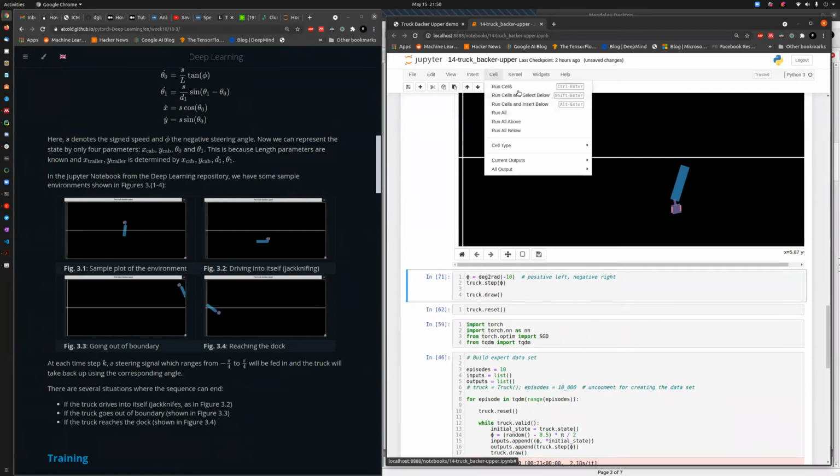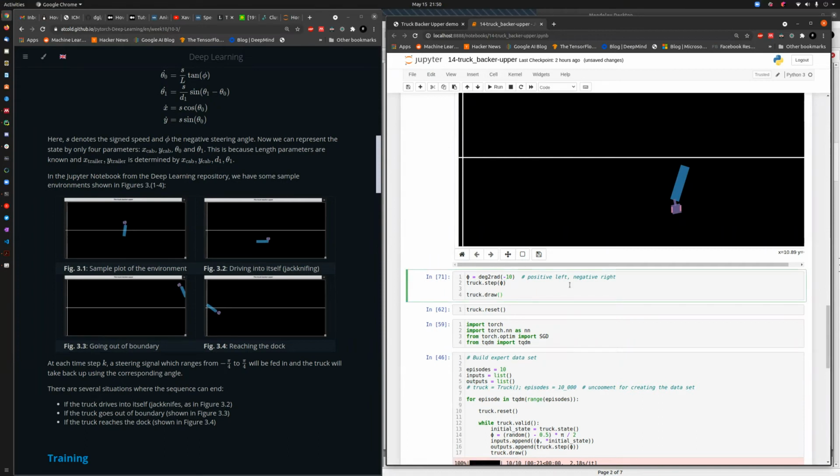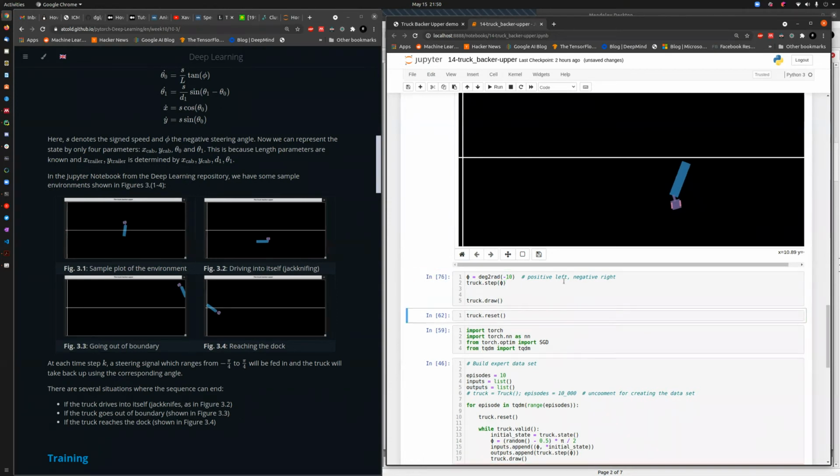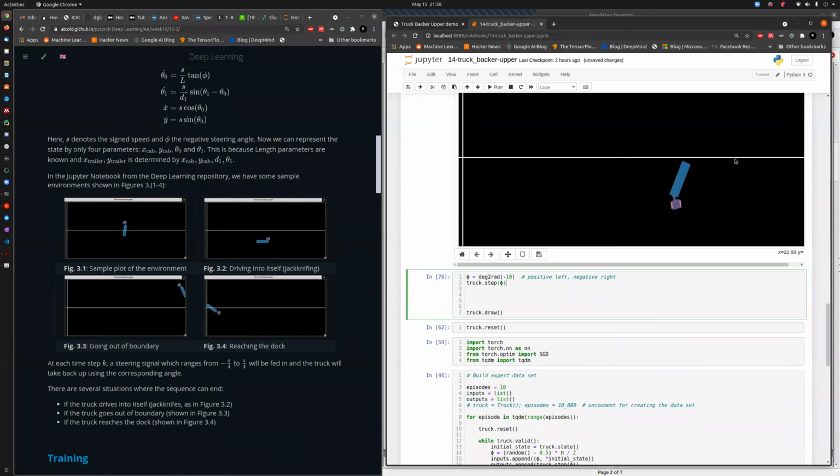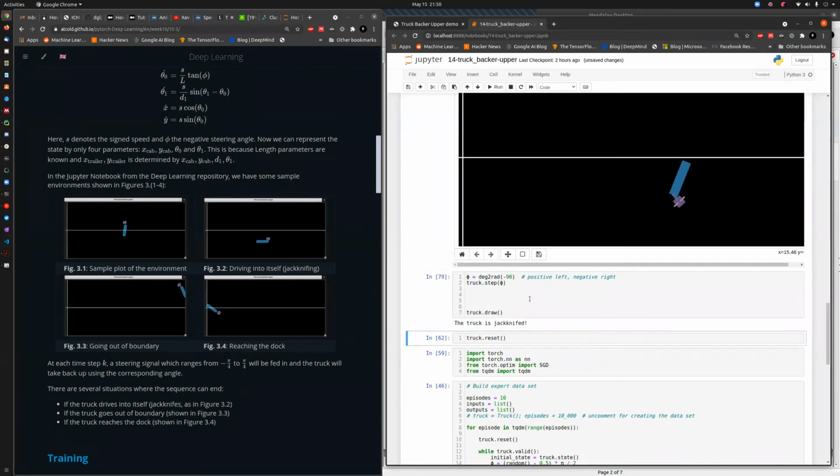Close the run cell. So you can see at each step, if we increase this by 90, suppose, this is jackknife in this case. So yeah, this is the difference that you can see.